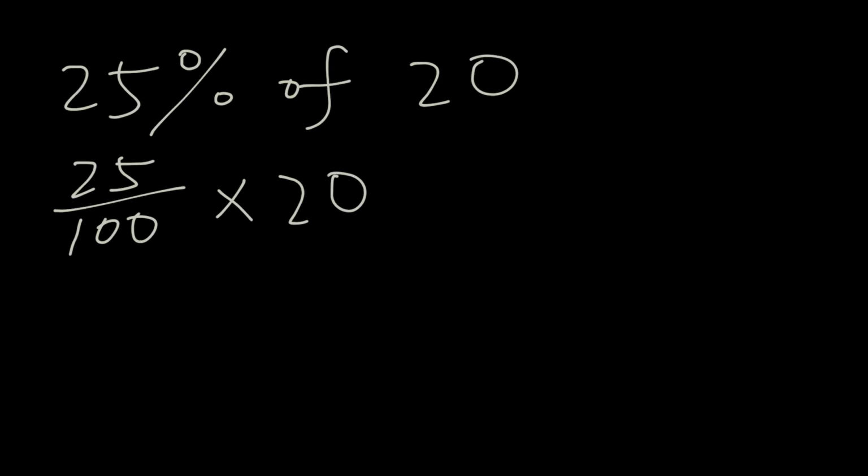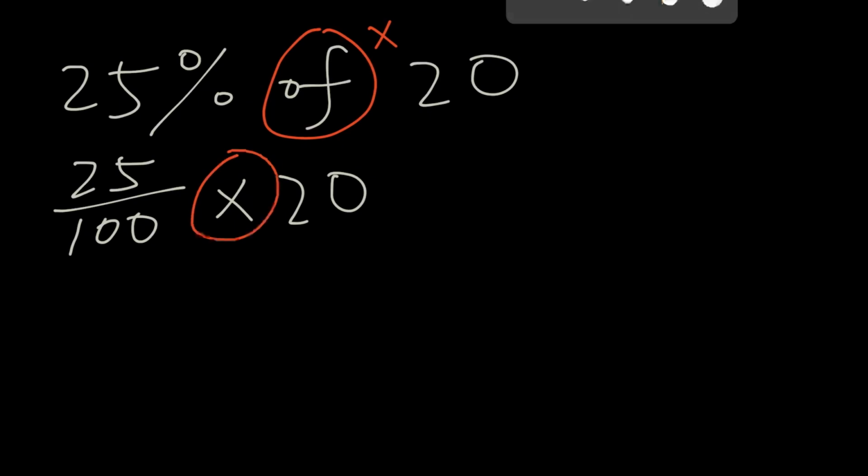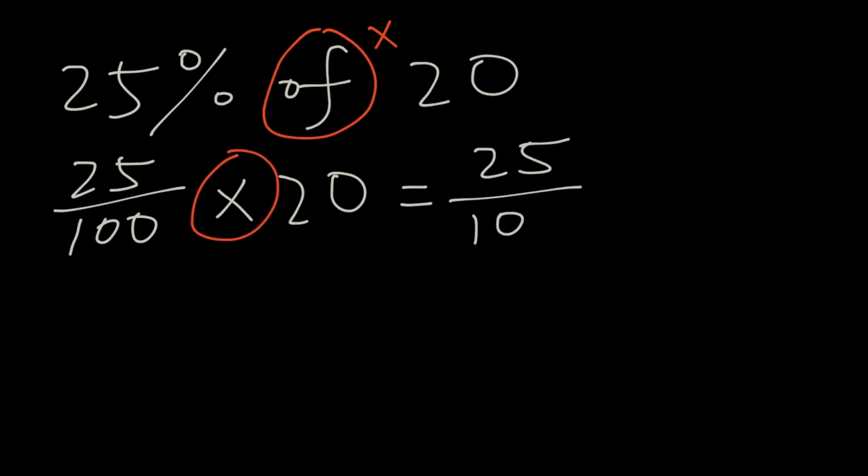Whenever you see the word of in a math question, it means that you are multiplying. Therefore, 25% is 25 over 100. Of is times 20. So we can rewrite this as 25 over 100 times by 20 over 1.